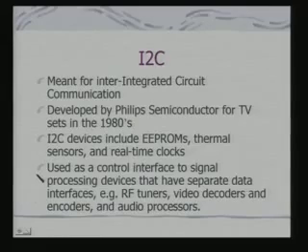You need a set of control information. There may be a set of instructions sent to the audio processor to do a variety of tasks. Now you need a control interface for that communication. In fact, I2C is used for that purpose. I2C devices include EEPROMs, electrically erasable PROMs, thermal sensors, real-time clocks, and many sensors are used with I2C devices.